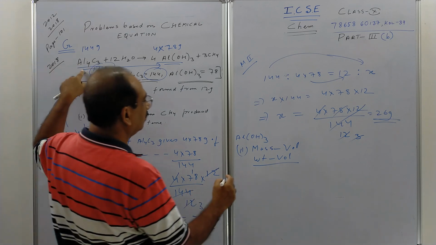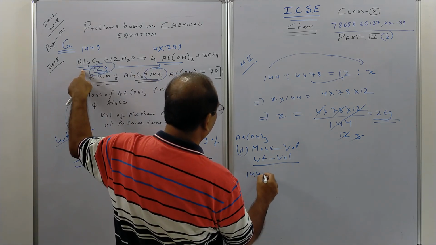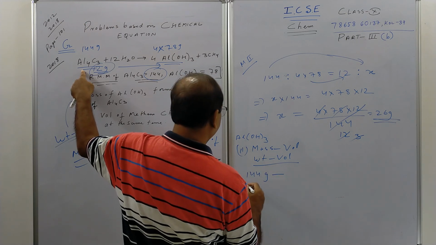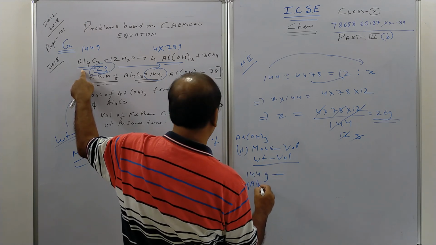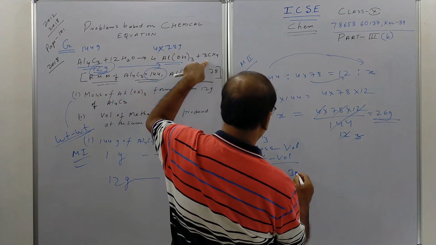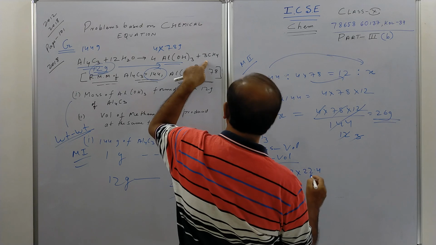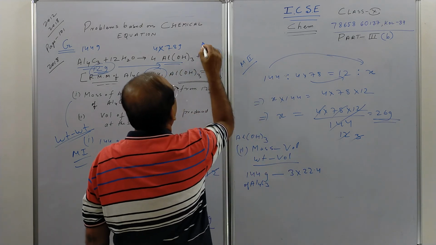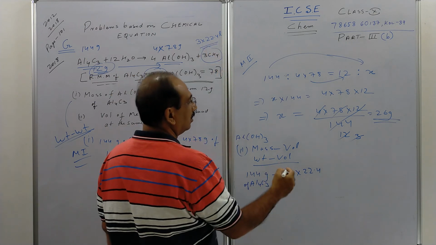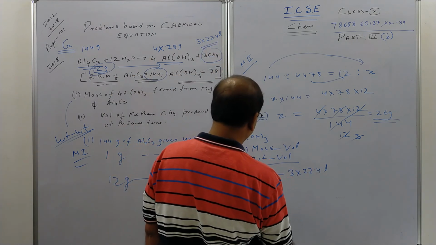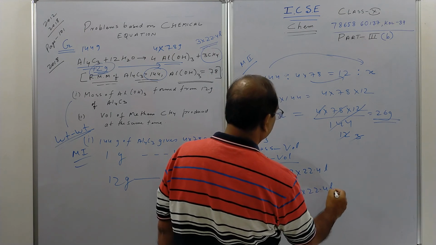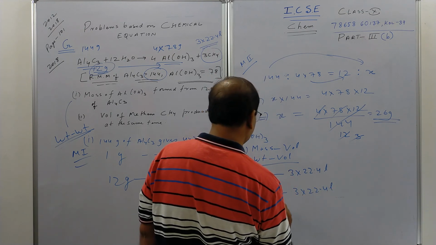So if you see, 144 gram of Al4C3 gives 3 into 22.4 liter. See here, children, we have to take volume 22.4 liter. This much liter, so 1 gram will give this much. So finally, 12 gram.